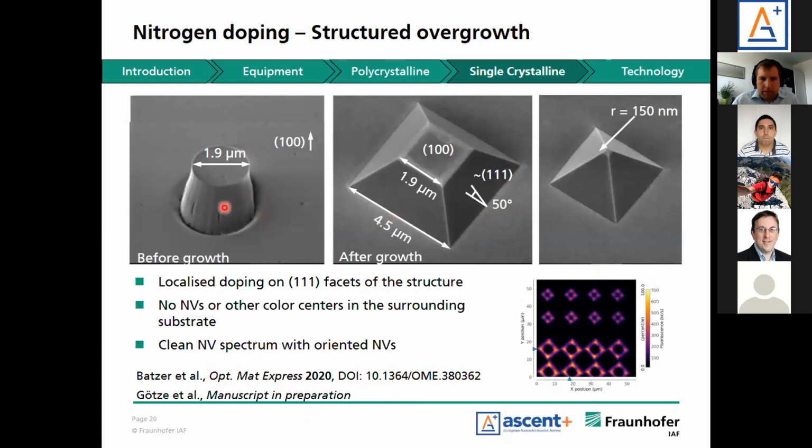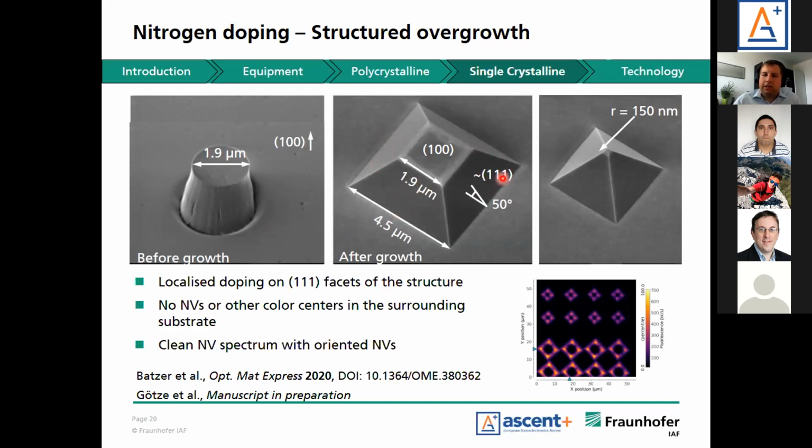What we can do is, this is done in our clean room. You will see afterwards there are such structures, or we can obtain such structures on diamond. This is a pillar structure that is overgrown in our reactor, in a way that only the structure is grown further. So basically we are forming these pyramidal structures with clear 111 facets.